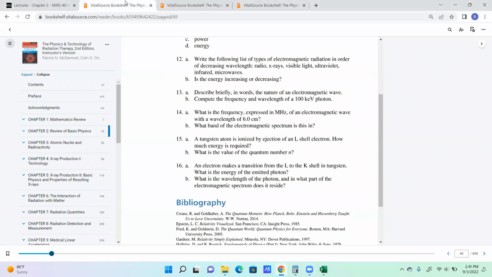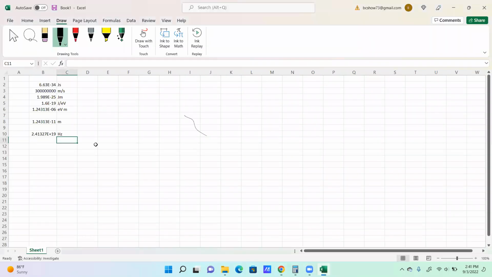So number 14, we have here. Looks like it's the same process. We know what the wavelength is, and we can determine the frequency, again, by using that same formula. So we know that c is equal to lambda nu.